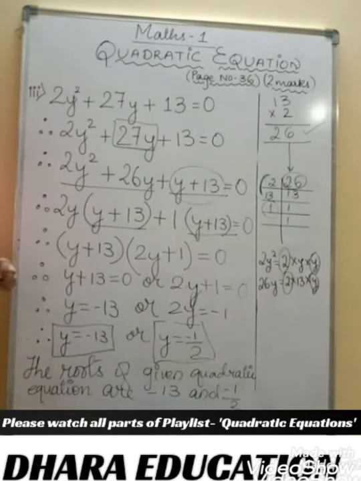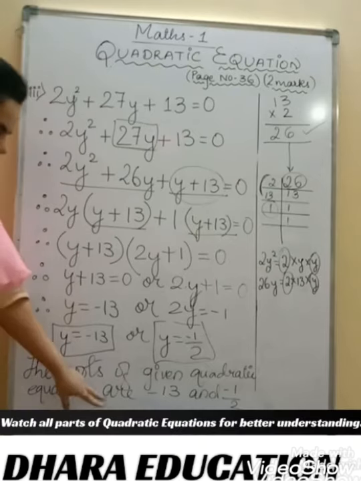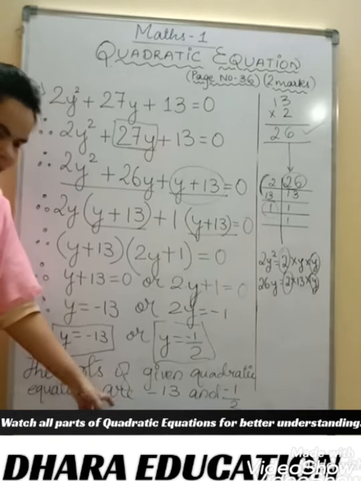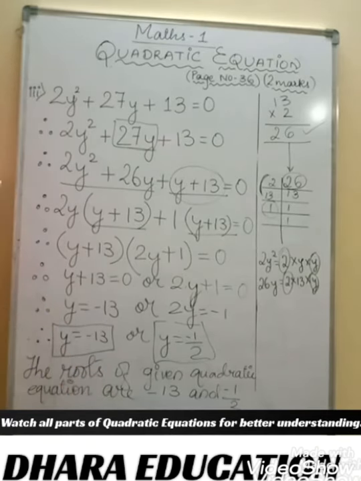Now, most of the students get confused whether we have to write 'are' or 'is'. 90% of the students write 'is', which is wrong. Again I am telling you, it is maths, but sometimes English is also there. 'Is' will come when there is only one number.